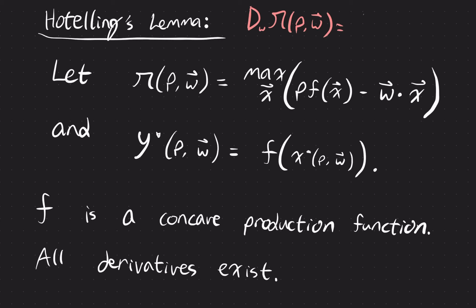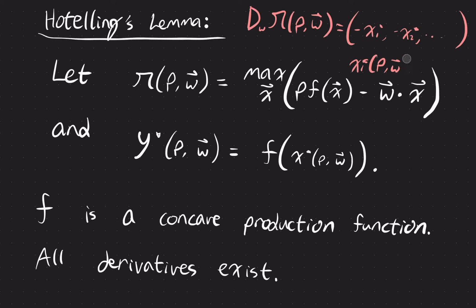So we know this gradient is going to be equal to negative x1 at the optimum, because we take the derivative of this with respect to wi, and then evaluate at the optimum. So we're just going to get negative x1 star, negative x2 star, and so on. And I could write all of these as functions of p and w, but I left it off for space.